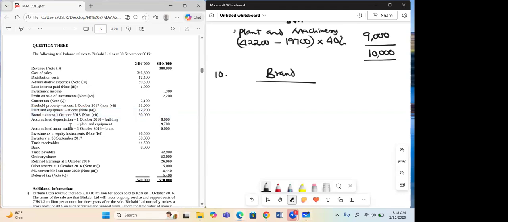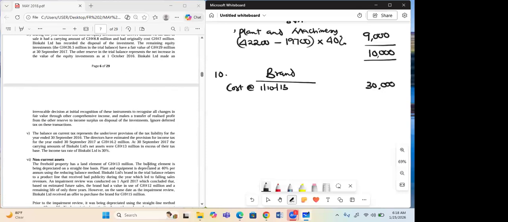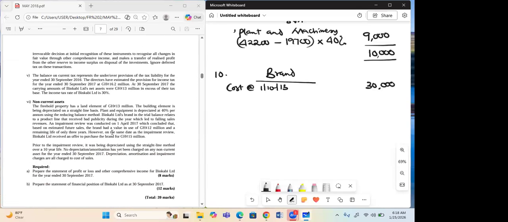Yes. 1st October 2013, the cost was 30,000. And then the question told us that prior to the impairment review, it was being amortized over 10 years, right?